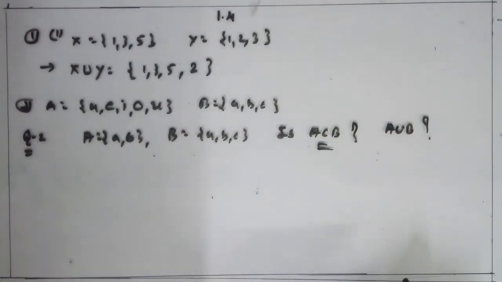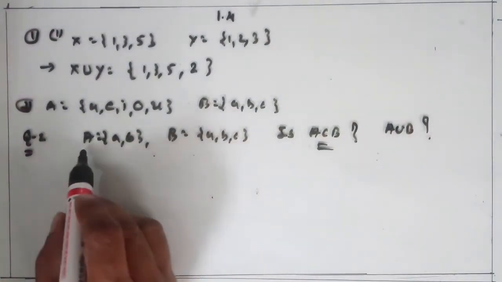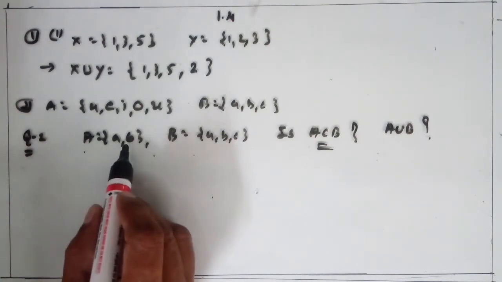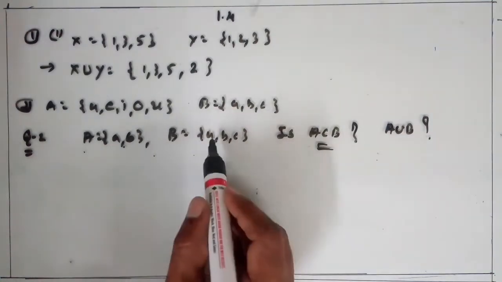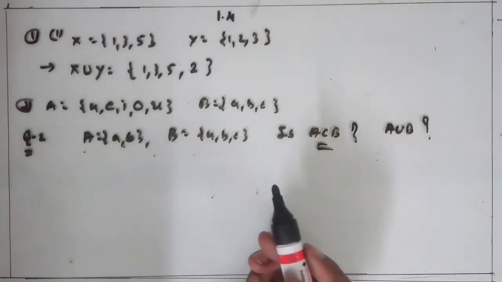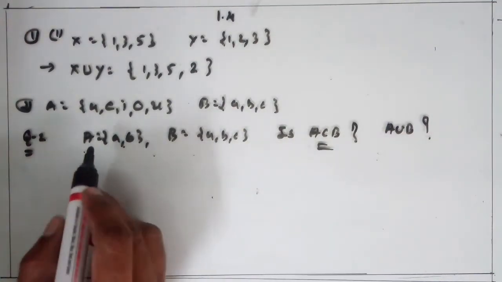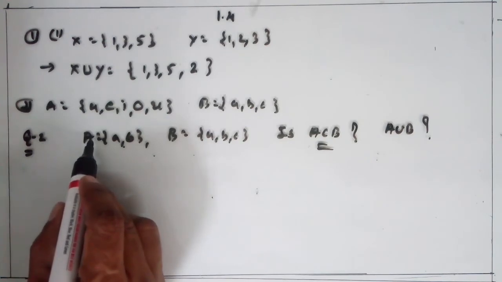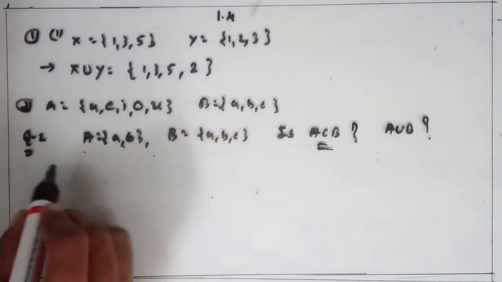What do you say about this subset? A is equal to {a, b}. Elements of A are a and b, also elements of B. Clear? So in this case, A becomes a subset of B.